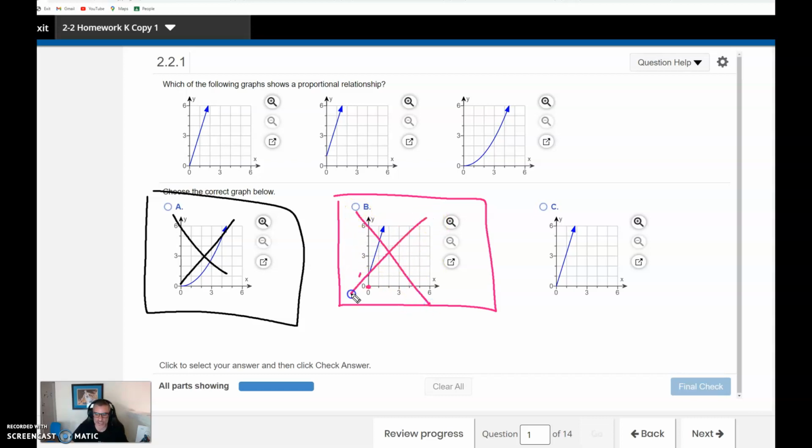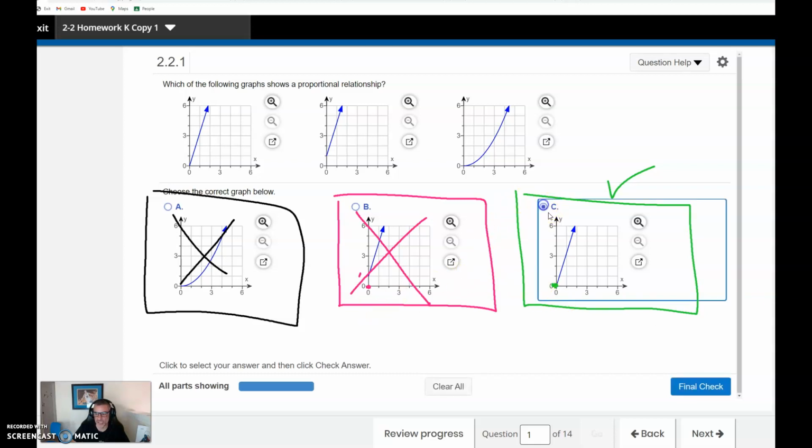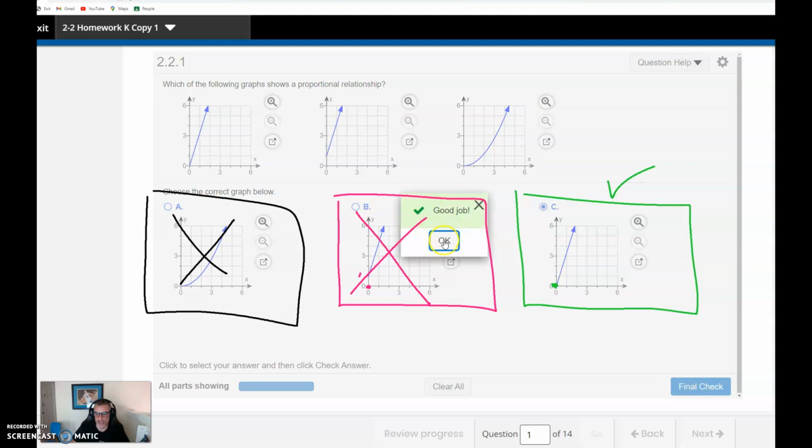So this one is not a proportional relationship. Contrast those two with this guy over here. It is a perfectly straight line, so that checks off our first box, and it passes through the origin. That checks off our second requirement. So this is the only graph of a proportional relationship. So choice C, final check, got it.